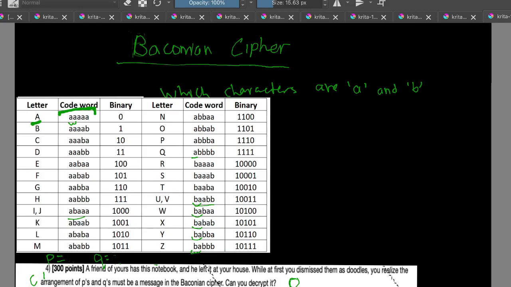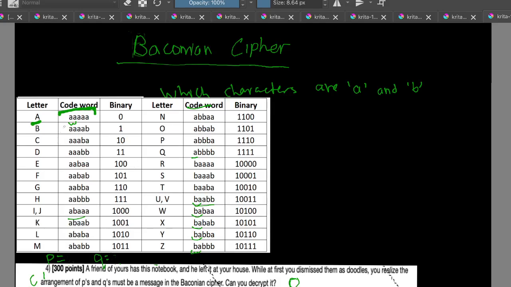And within our sets of 5, we need to look at the first 2 characters. This is the most important, because the first 2 characters within each grouping can help us determine which is A and which is B. Because if you look at your cipher, your encodings, the code words, whenever they start with a B, there is no consecutive BB at the start of a 5-letter coding.